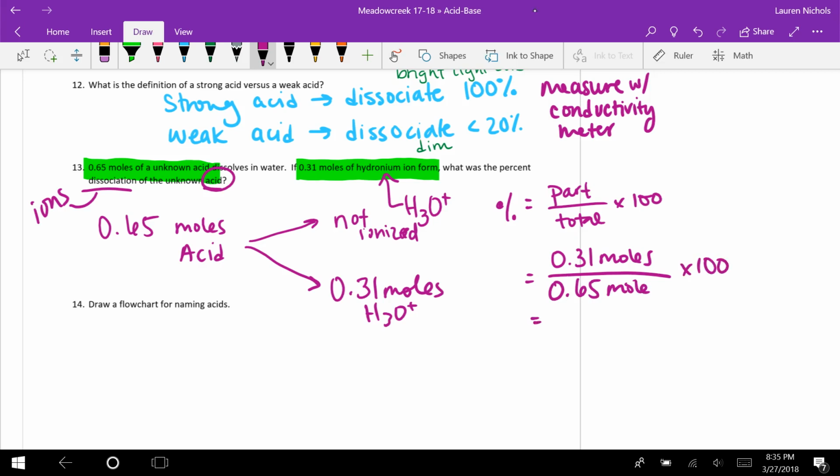When you do this, you need a calculator. 0.31 divided by 0.65 times 100, you'll get 48%. So that's kind of in the middle. Not really a weak or a strong acid, just kind of chilling there for you.